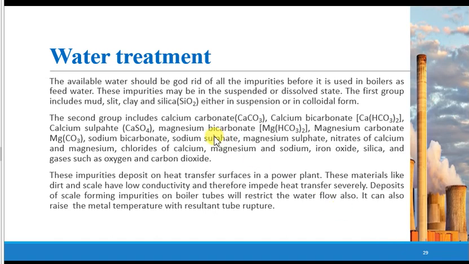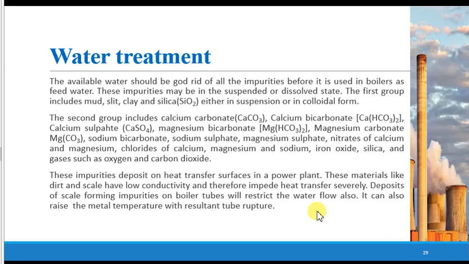When these impurities enter the boiler, for example clay or silica, mud, they deposit on the surface of the boiler or in the tubes, and as these are bad conductors of heat, they decrease the efficiency of the power plant or of the boiler.